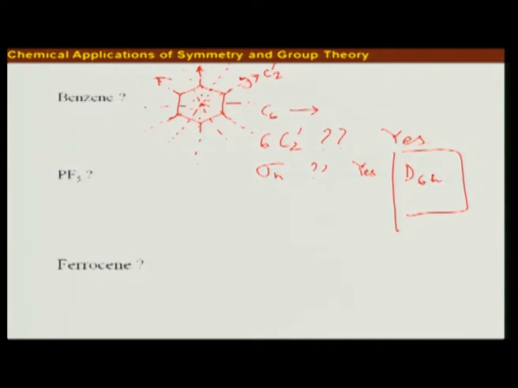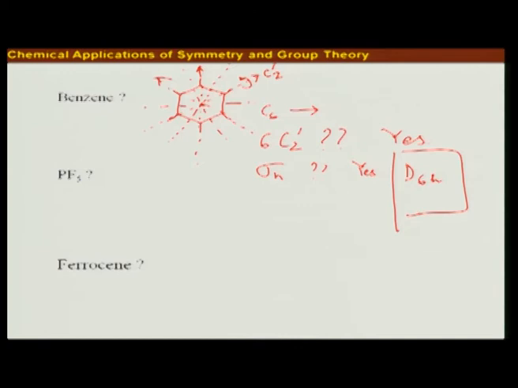We can now find out what is the point group for a given molecular structure. And in many cases, we don't even have to go and find all the symmetry operations, because now we have learned a little bit about what the main things are that we should look at in order to find out the point group.